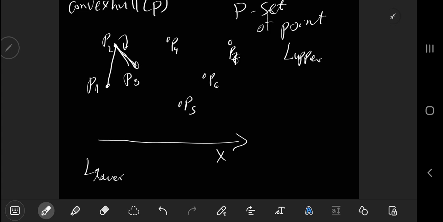Now I again take 2 points, P3 then P4, ordered again by x-axis. Here you can see that I made a left turn. When I make a left turn, what I do is remove the middle point between the 3 points.